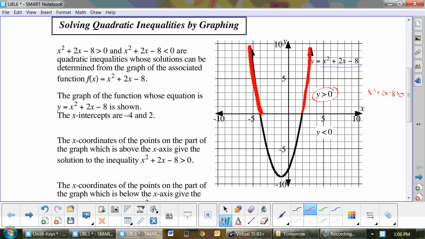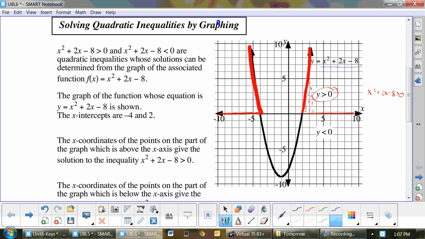All of these x's here and here make all of these y's here, and these are all the y's that are greater than 0. Even if we have like -10, it's going to make a y that's way up here.